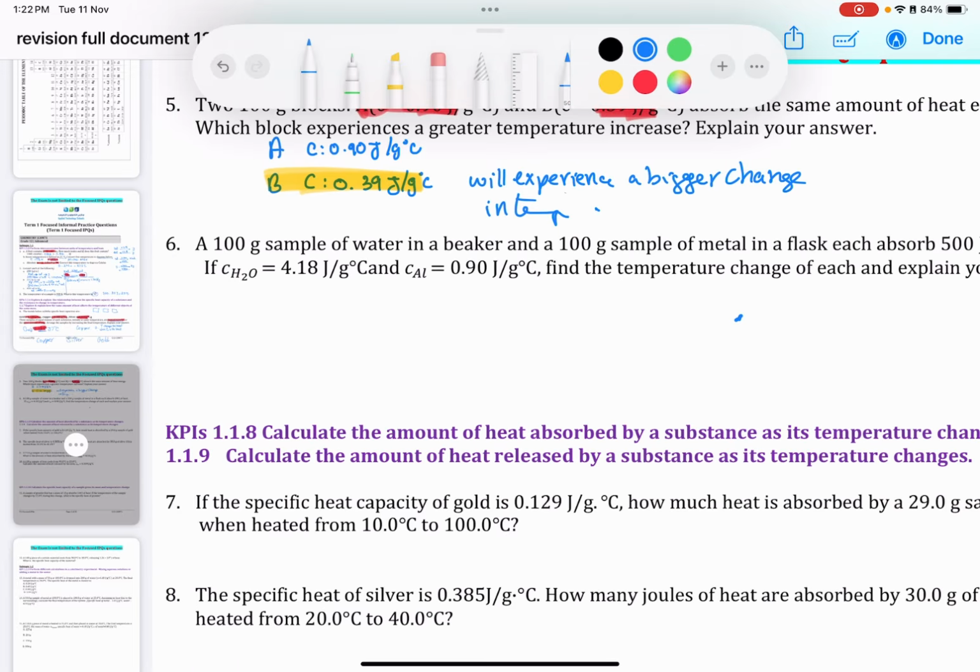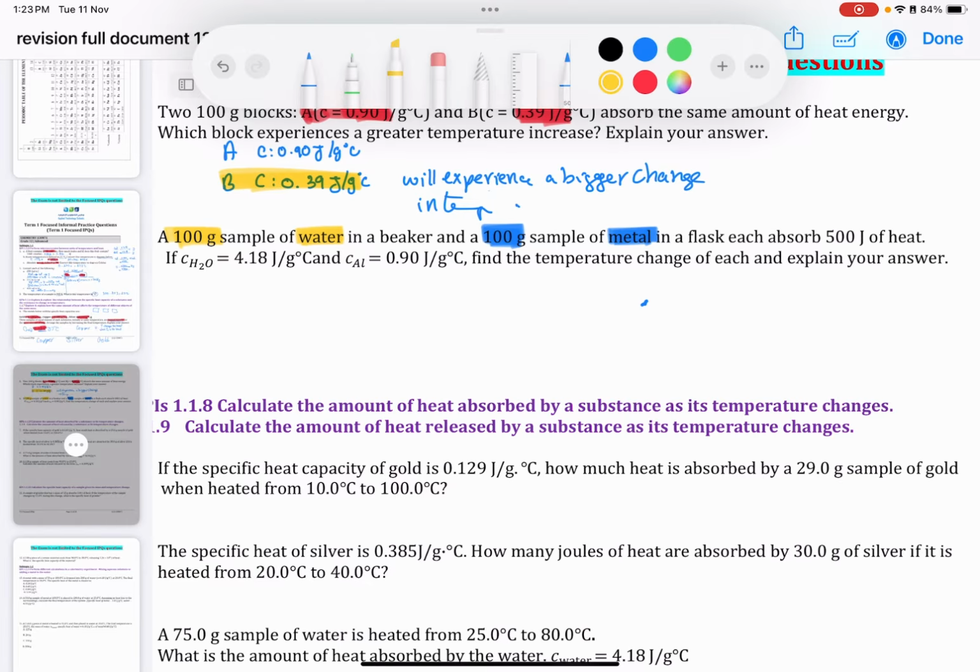Moving on. A 100-gram sample of water in a beaker and a 100-gram sample of metal in a flask. Each absorbs 500 joules of heat.